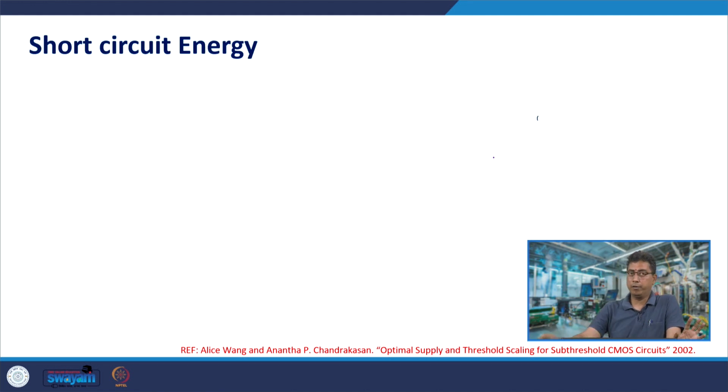So, typically one would have a doubt why we are not discussing short circuit energy. In low voltage operation or in near threshold operation, let us take again the example of an inverter.